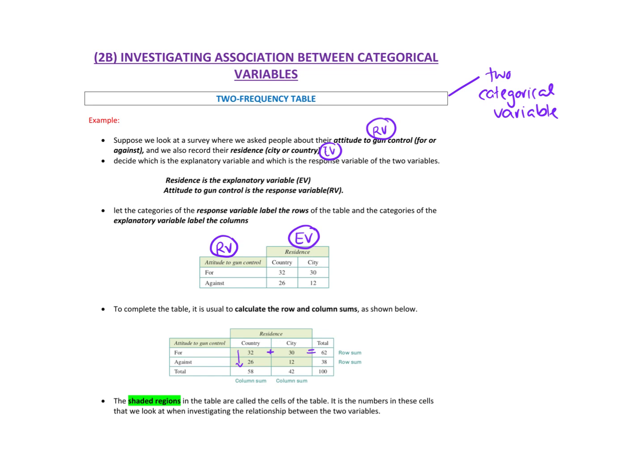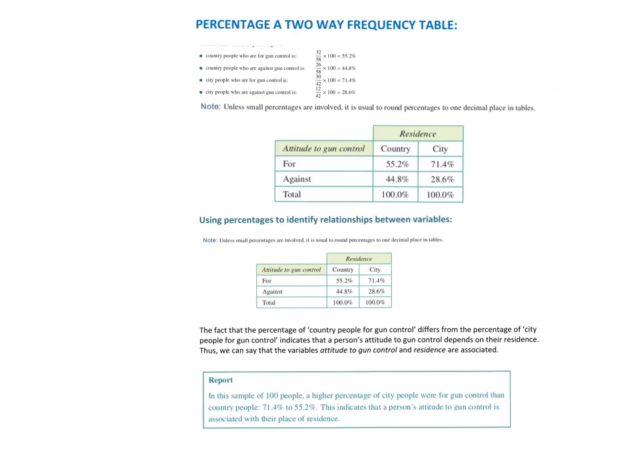If you look at the city people, we had 42, and country we had 58. When we don't have an even amount to look at, we would change it to a percentage. So we're going to look at changing this to a percentage frequency table.